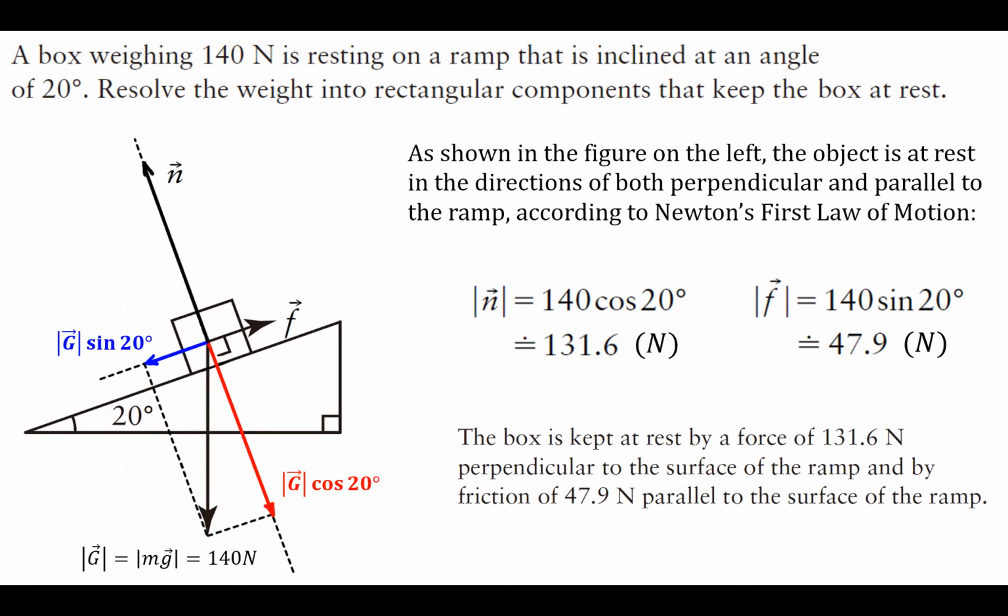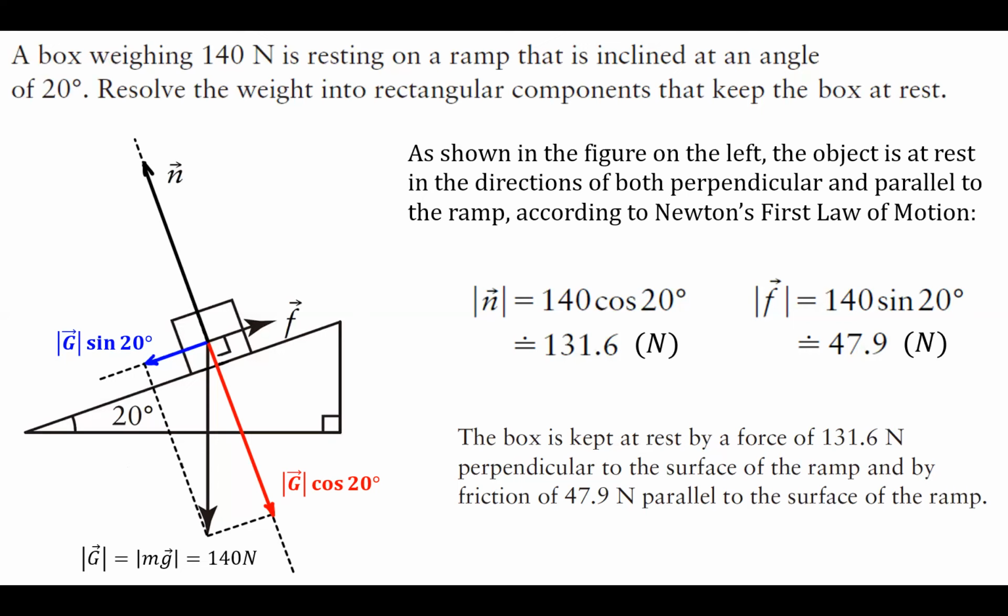First of all, the magnitude of N, which is a supporting force from the ramp, equals 140 times cosine 20 degrees, and this gives us about 131.6 newtons. On the other hand, the magnitude of the friction, F, equals 140 times sine 20 degrees, and this is approximately 47.9 newtons.